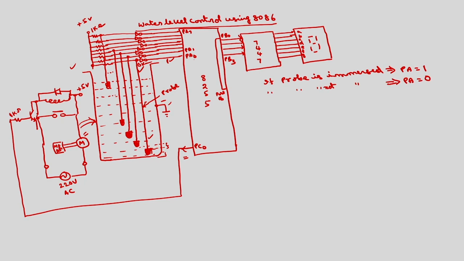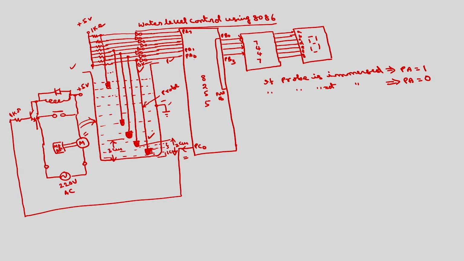That is the logic. If this particular probe is immersed, for the sake of simplicity, say it is 1 centimeter. If both the first and second are immersed, this is 1 plus 1, 2 centimeters, total from here to here. And if the third one is also immersed, I will assume that this is 3 centimeters.